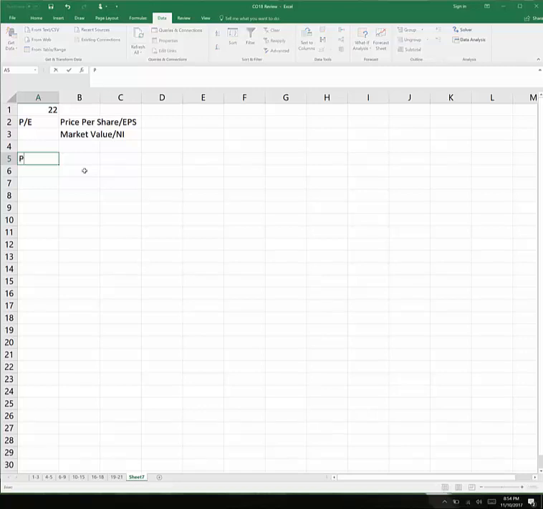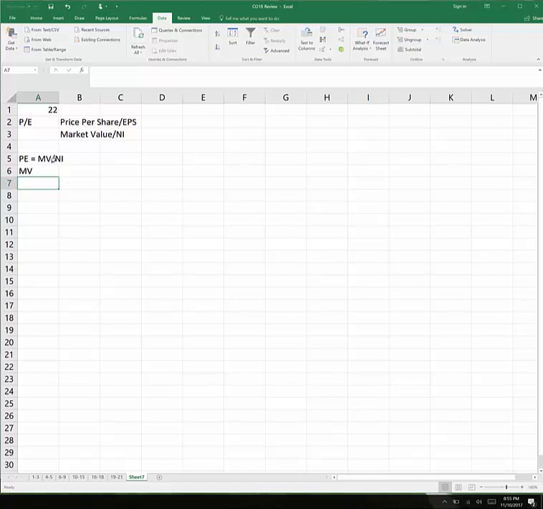So we need price. We don't know what that is. PE equals market value over net income. So we need to know the value or the price of the stock.